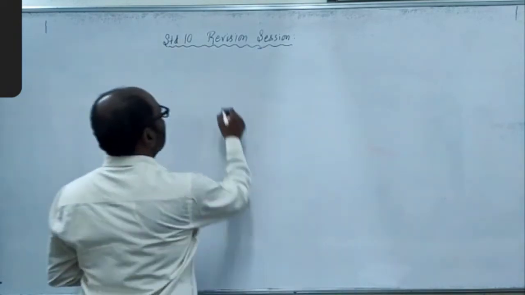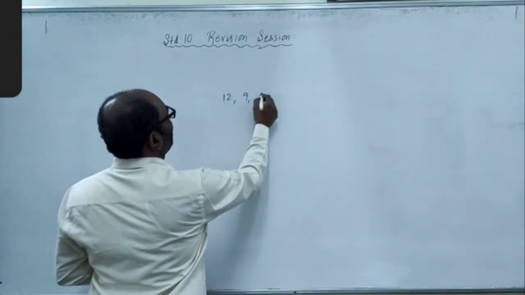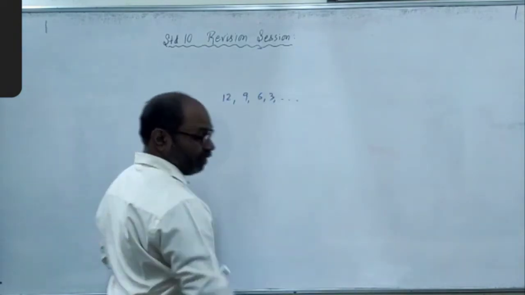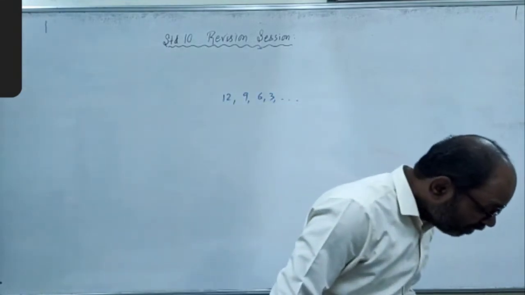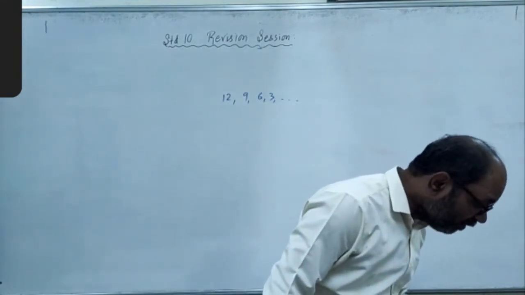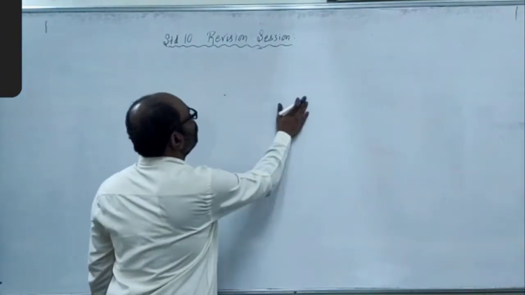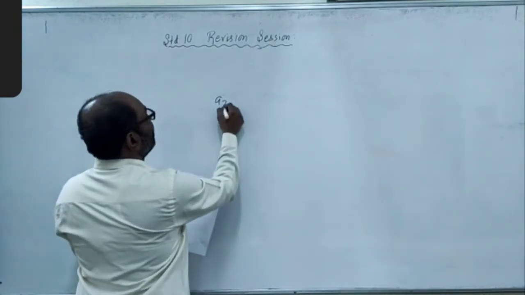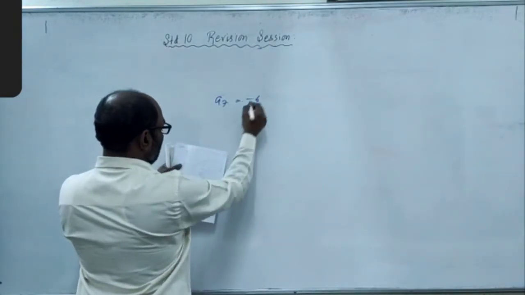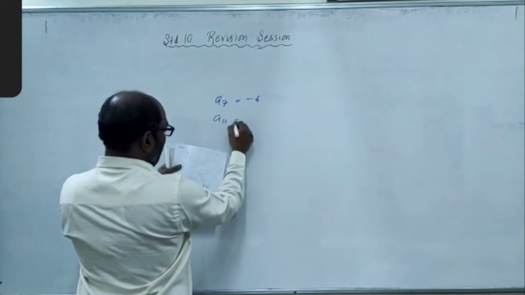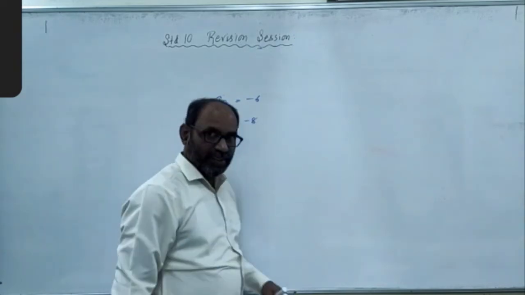Okay. Here is one arithmetic progression, and you are asked to find, actually, you are given its 7th term, that is minus 6, and the 11th term, that is minus 8.